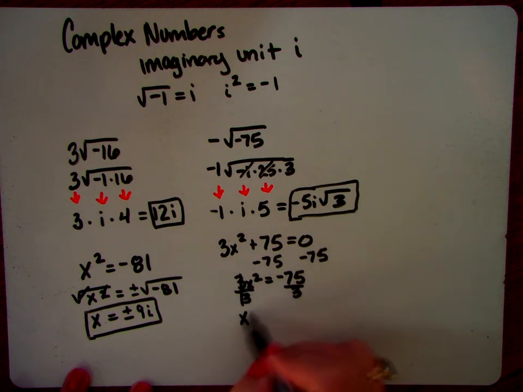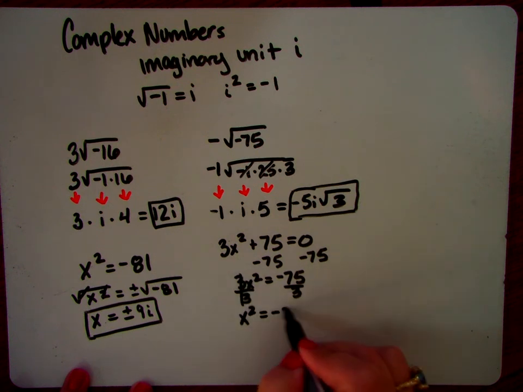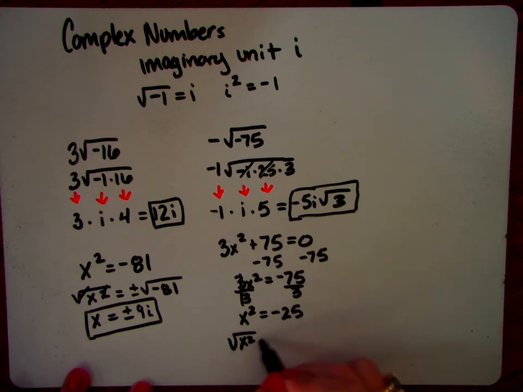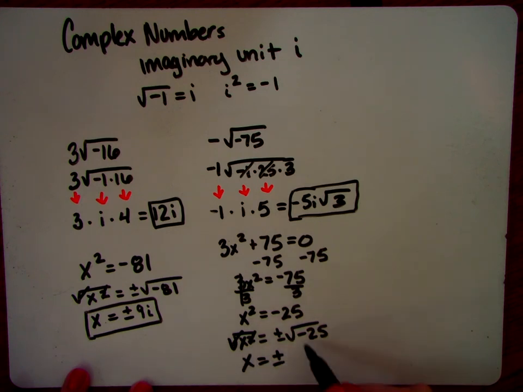The 3's cancel, leaving you x squared equals -25. Square root both sides. The square and the square root cancel. It leaves you x equals plus or minus. The i is my negative. The square root of 25 is 5.